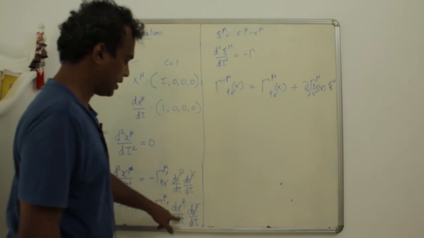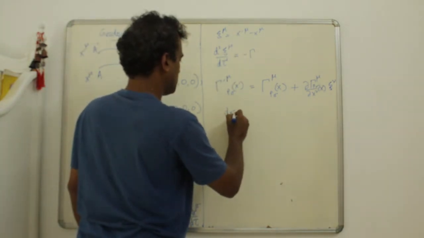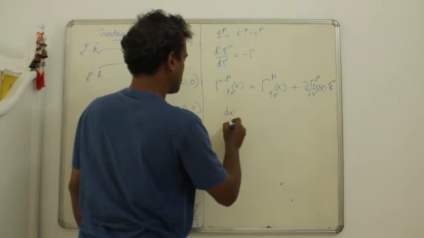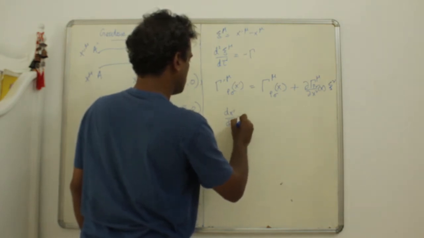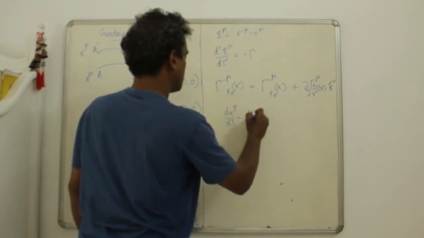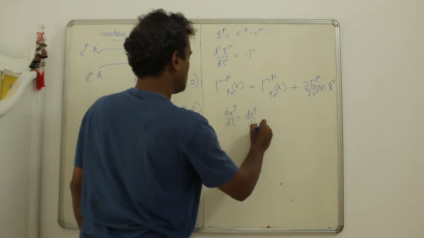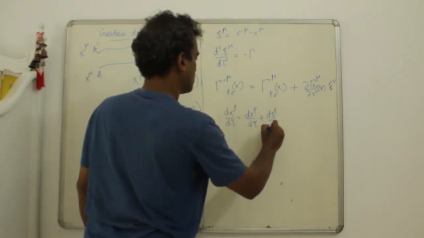Similarly, writing dx prime by d tau also using this, I can write dx prime rho by d tau as dx rho by d tau plus d psi rho by d tau.